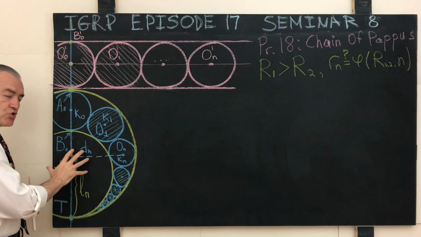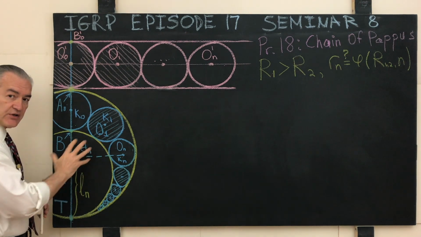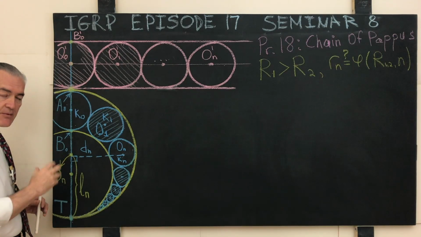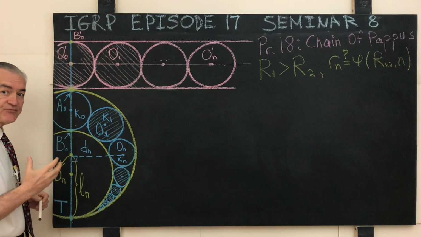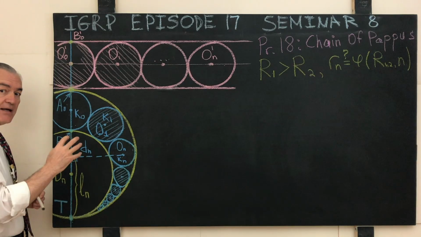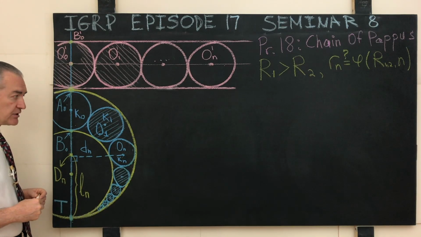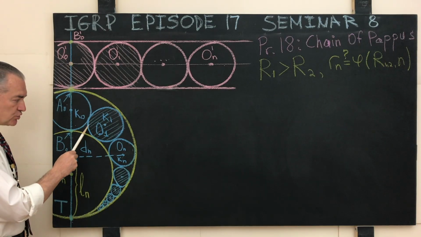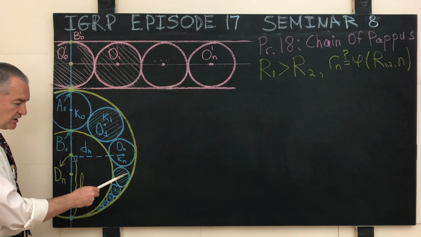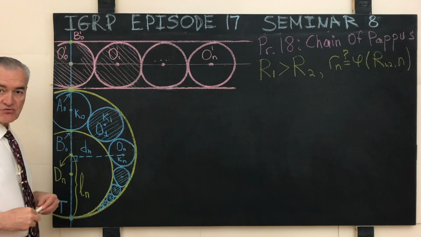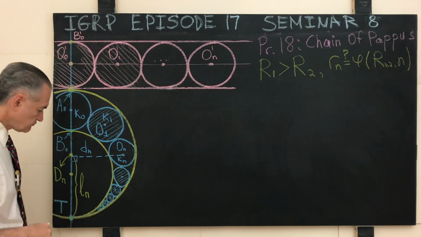Due to the mutual juxtaposition of the generating circles Q1 and Q2, they trap between them a certain planar region, and into that planar region is inscribed a family of, let's say, blue circles shown over here, and this family of inscribed circles is generated as follows.